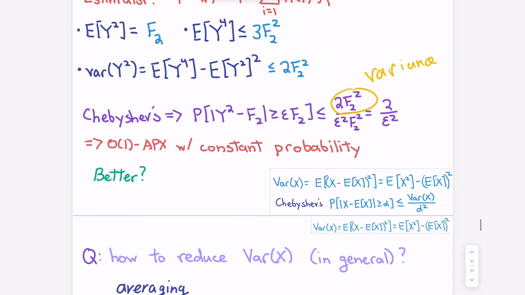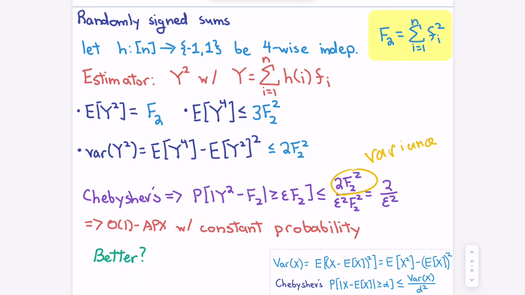So maybe coming back to here, for a given epsilon, I want to make the right-hand side at most 1/2 or something. How many copies will I want to average? Particularly, I want to deal with this epsilon squared term.